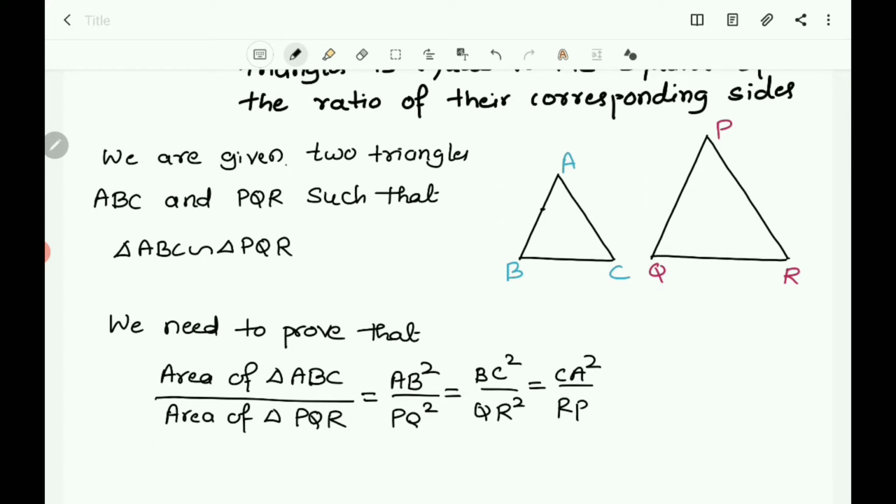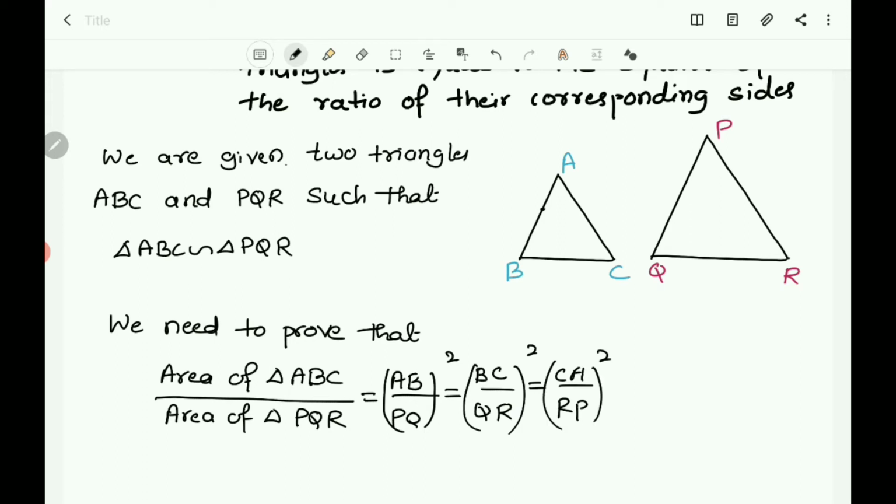Or you can write this in the form AB by PQ whole square, and BC by QR whole square, and also CA by RP whole square.